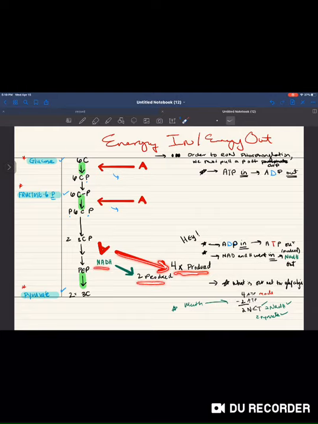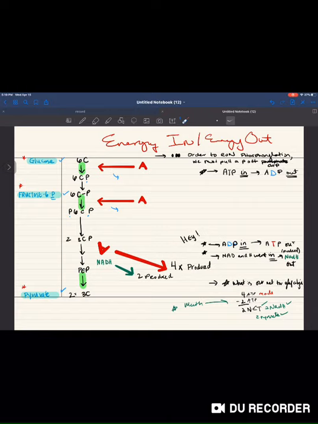Remember, if we produce these 4 ATP and 2 NADH, that means 4 ADP went in, and 4 ATP came out. When it comes to the NADH, we had 2 NAD+ go in, and 2 NADH come out.